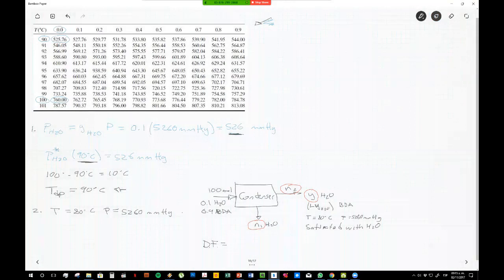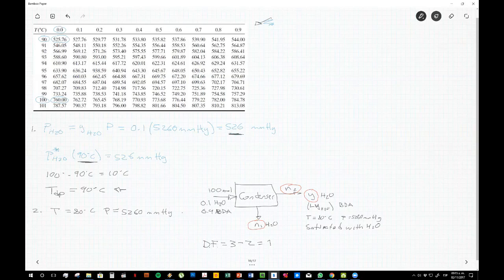So we have three unknown variables, and then we subtract the mass balance equations; we only have two components, water and bone dry air. So that means if we only have this system, we have 1 degree of freedom, and then we are screwed, right? Because we can't solve this problem with 1 degree of freedom. So what do we do?